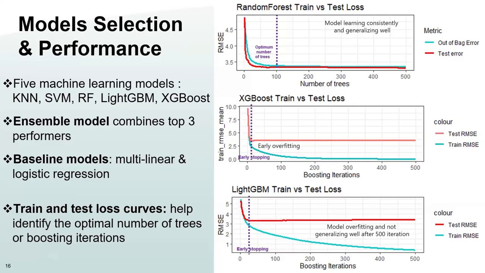And the train-test loss curve that you see here for the 3 base models helps to identify the optimum number of trees for random forest and boosting iterations, to prevent the models from training too long unnecessarily, which can sometimes lead to model overfitting.